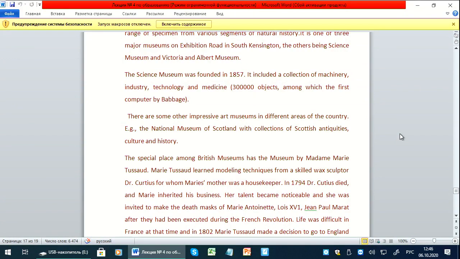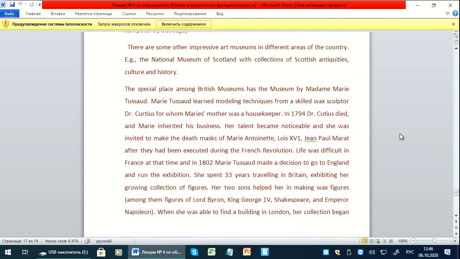Her talent became noticeable, and she was invited to make the death masks of Marie Antoinette, Louis XVI, and Jean-Paul Marat, after they had been executed during the French Revolution. Life was difficult in France after the revolution at that time.